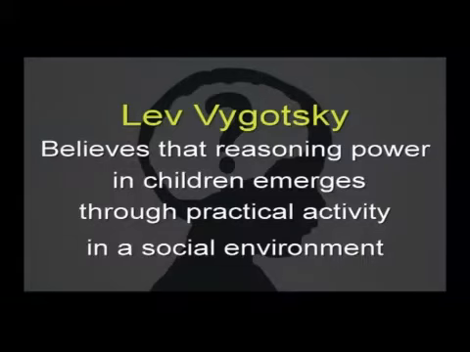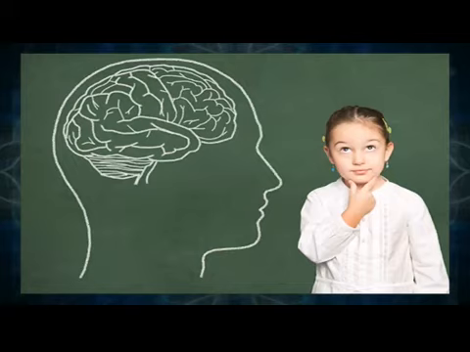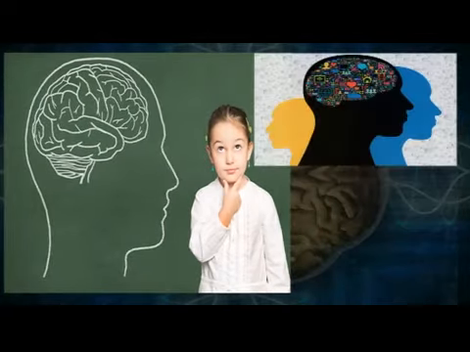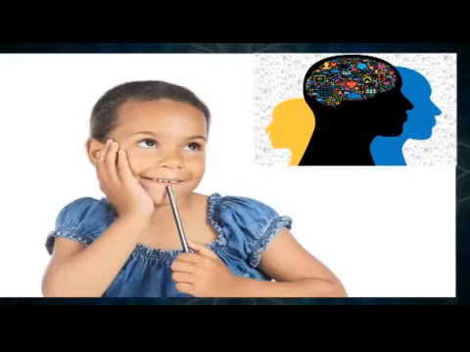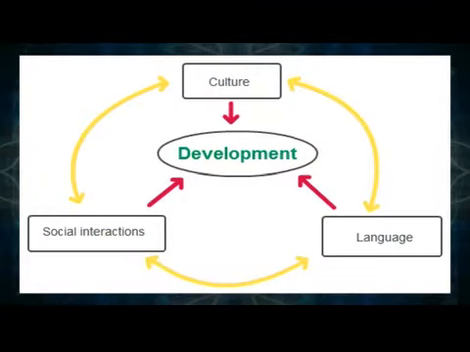He believes that reasoning power in children emerges through practical activity in a social environment. During the earlier period of his career, he argued that the development of reasoning was mediated by signs and symbols and therefore dependent on cultural practices and language as well as on universal cognitive process.